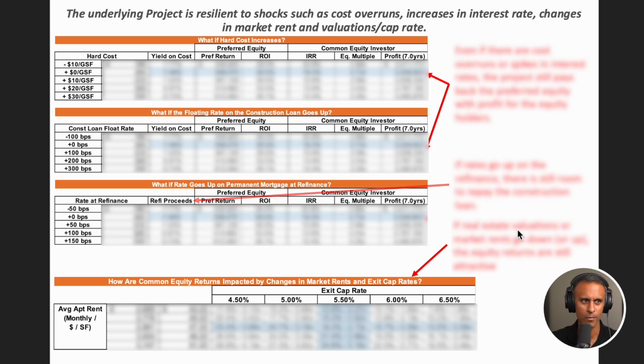Or what happens if cap rates change, or the market rent we're charging, we're not able to achieve it? What are some downside things, and what happens to the returns, what happens to profit, are there losses in any of these things? This is meant to capture that in a slide and show numerically, look, here's where potentially you might have a break even, here's where you might potentially have a loss, and explain that risk in a numerical way.